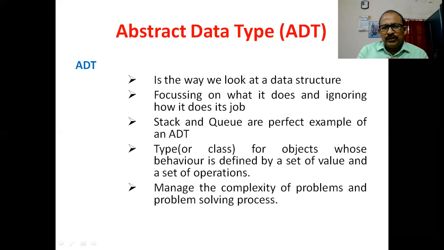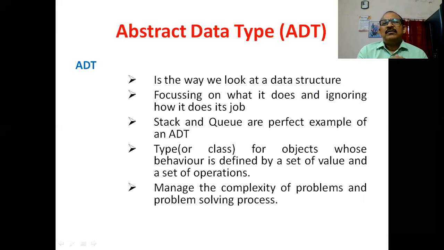Abstract data type is the way we look at a data structure. Stack and queue are perfect examples of an abstract data type. Suppose we want to use the stack as a data structure in our program.